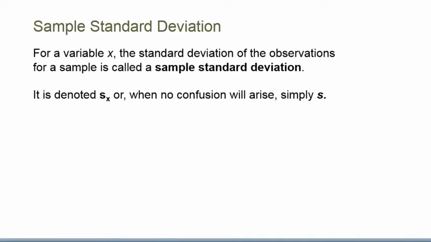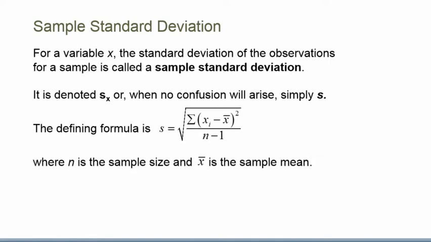It is denoted S sub x, or, when no confusion will arise, simply S. The sub x only identifies different data sets. The defining formula is S equals the square root of the sum of (x sub i minus x bar) squared over n minus 1, where n is the sample size and x bar is the sample mean.